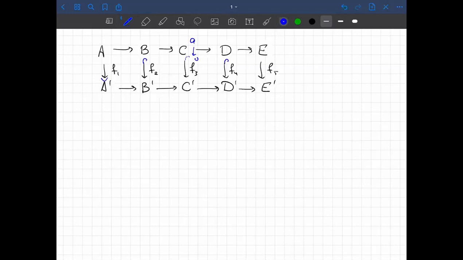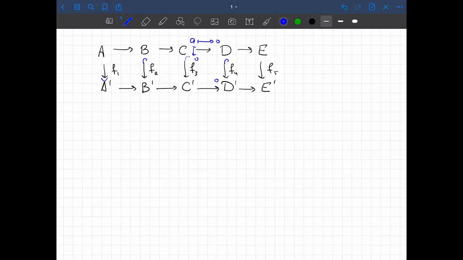Okay, so any ideas? So if A goes to 0 in C prime, then it also goes to 0 in B. Okay, this is because it maps to 0 in D prime, and here we have a monomorphism.